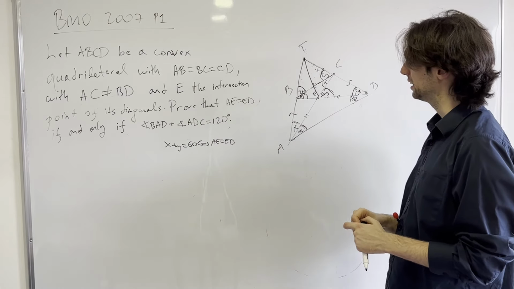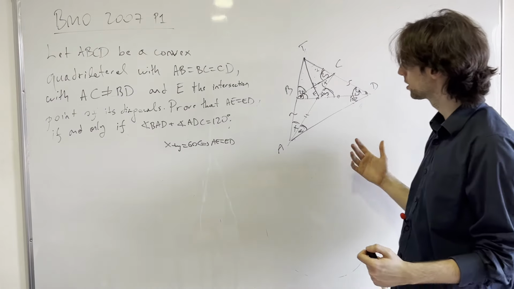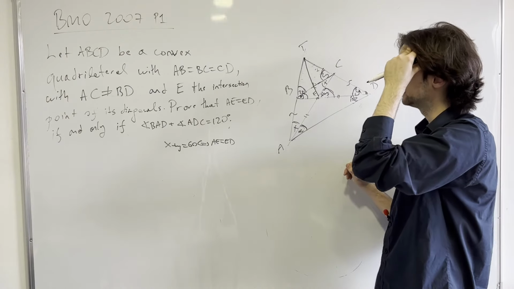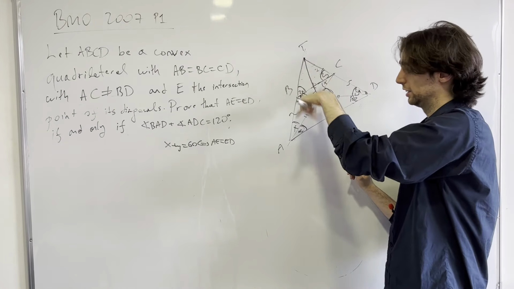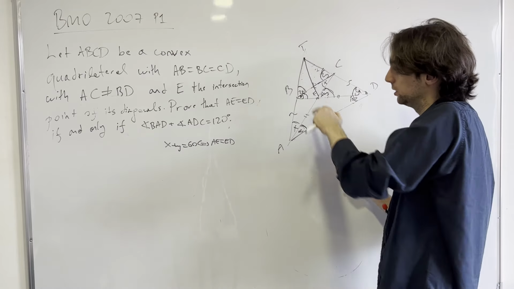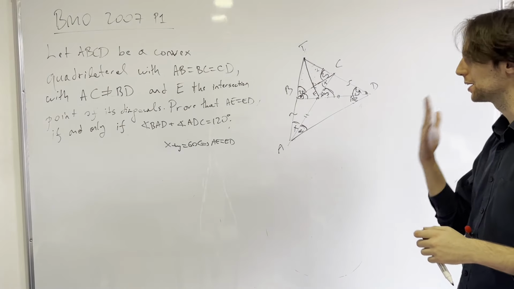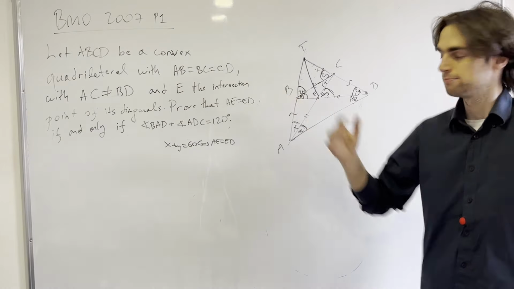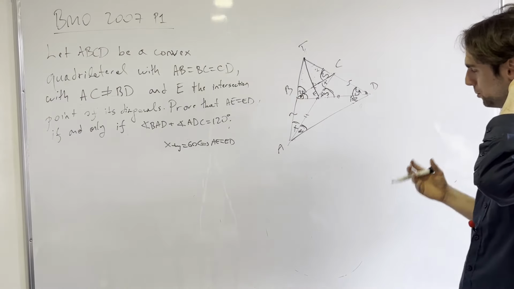It probably means X is different from Y. I think that is there to say that TAD is not an isosceles triangle. That's really what the condition says. Neither is EBC. Neither is TBC, right? All of these are not isosceles. Why would that be useful? Who knows? At this point, we don't.